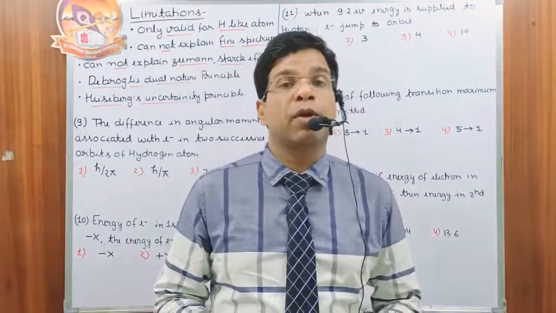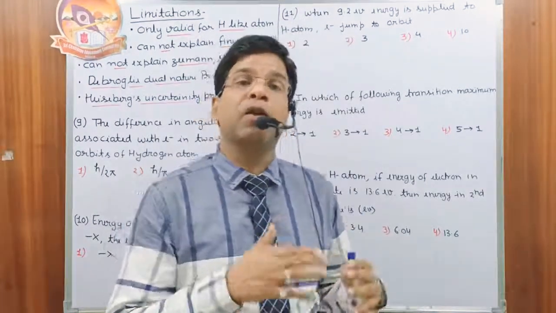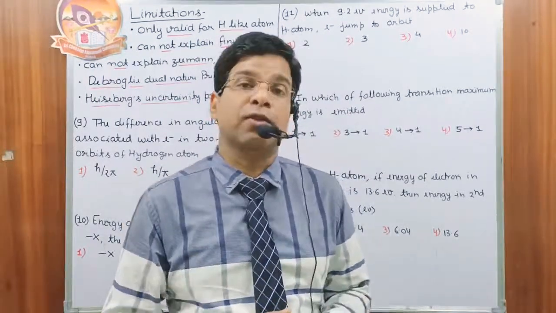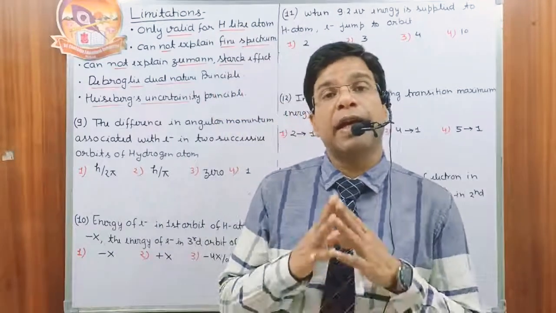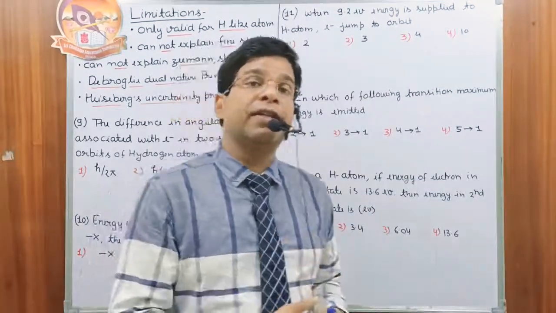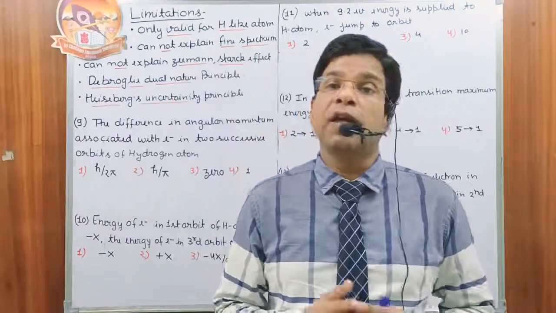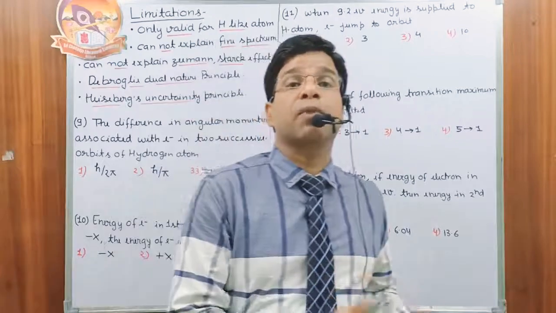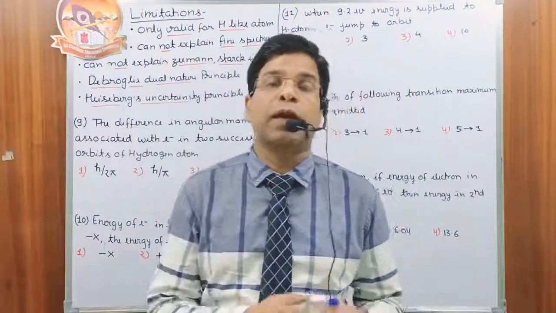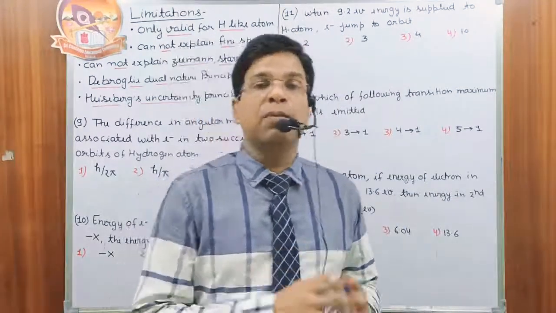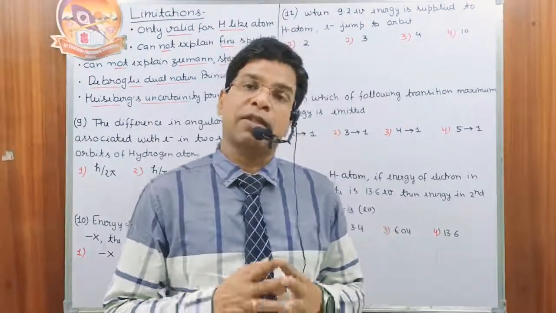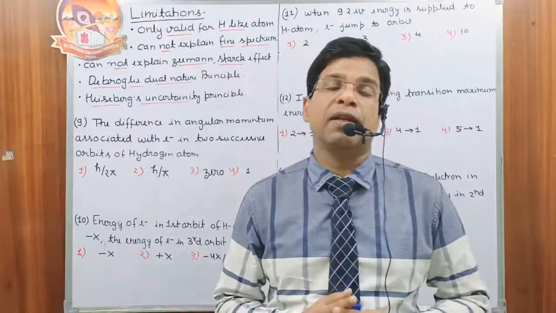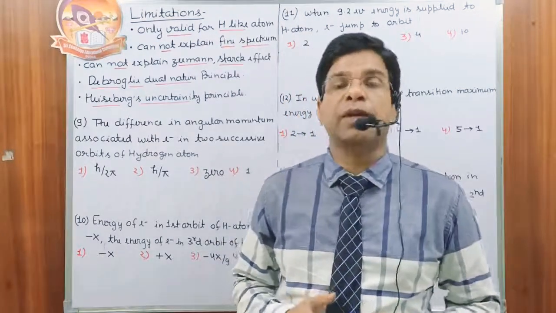And Bohr's atomic model also gives the exact formula of the radius. Radius is the position of the electron from the nucleus. So Bohr's atomic model can exactly calculate the radius, that is the position of the electron, and momentum with the help of the velocity of the electron. But Heisenberg proved that it is impossible to calculate both momentum and the position of the electron simultaneously and accurately. So these are the main limitations of Bohr's atomic model.